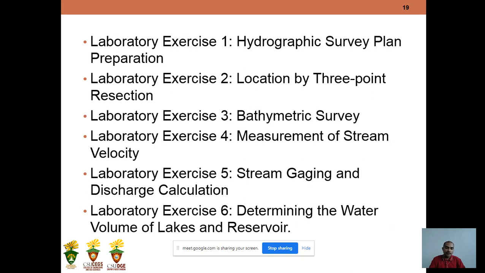Then we get the volume of water, depending on the method we use. A possible method is using cross-sectional areas and the formula of the prismoid for laboratory exercise number 6.